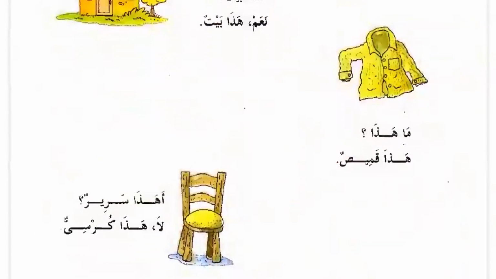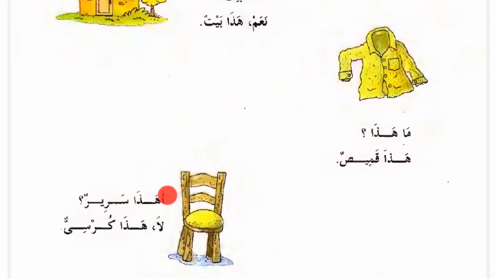So let's read from here. Mahaza? What is this? This is a shirt, right? We say "shirt" in English. So we say, haza komisun. Komisun is called shirt in English. This is a shirt. Then we have here ahaza sarirun.